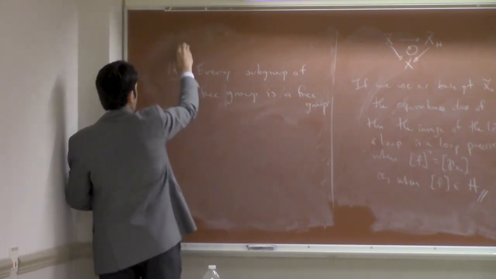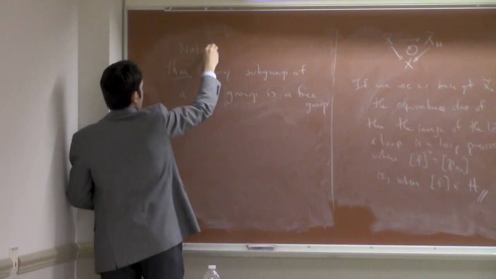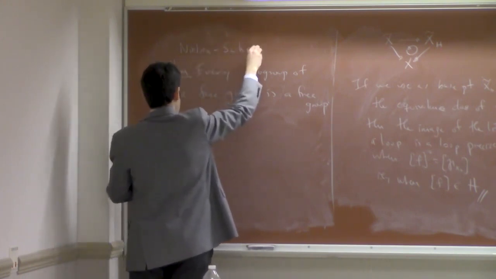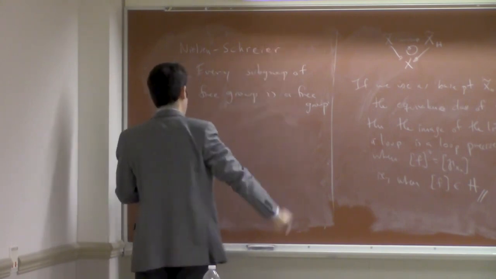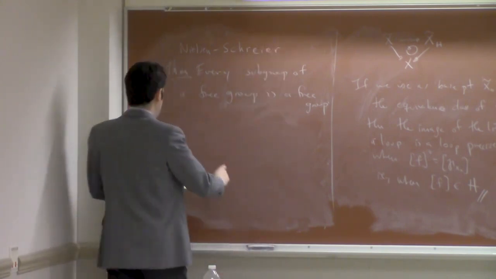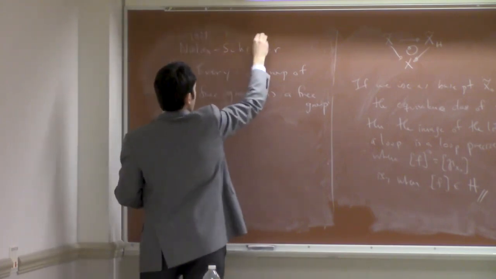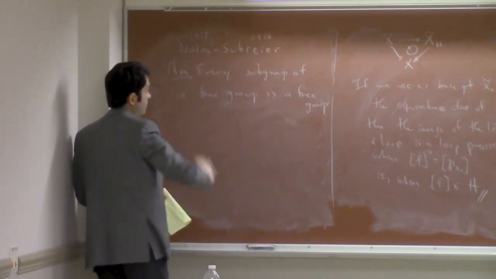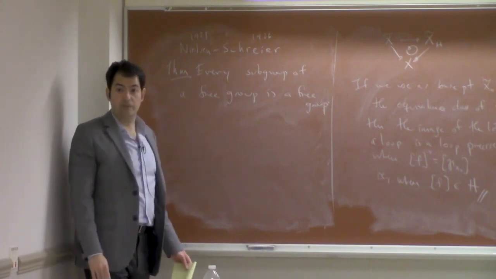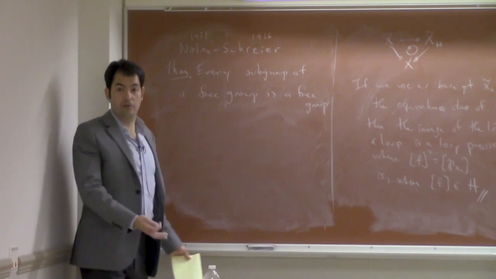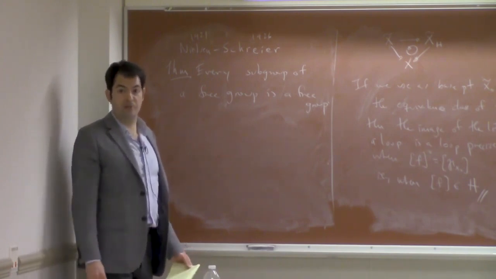This is known as the Nielsen-Schreier theorem. It was proven in 1921 by Nielsen, and then in 1926 by Schreier. Nielsen did it for free groups with finitely many generators, and Schreier did it in general. So this is true regardless of how many generators you have.